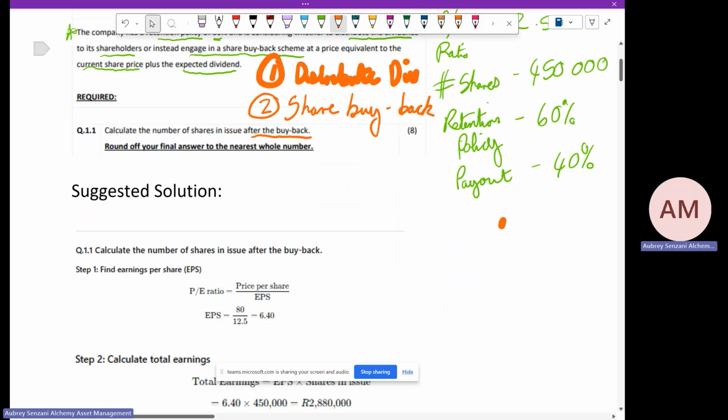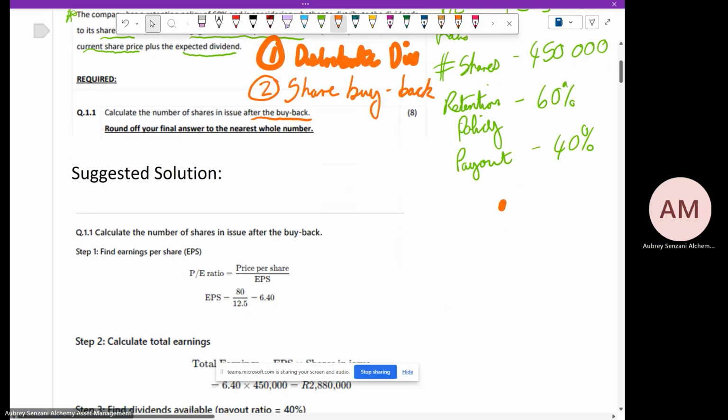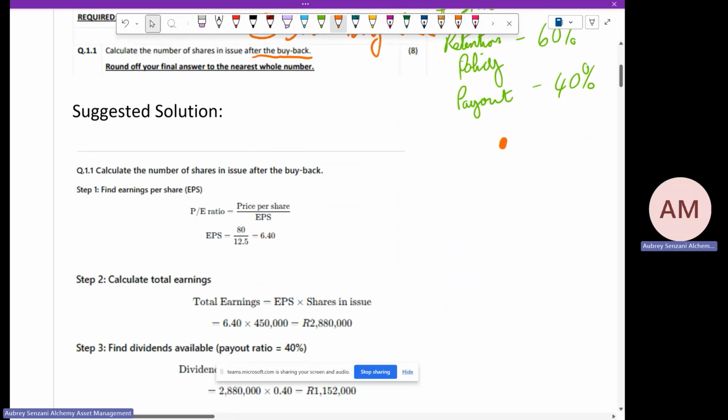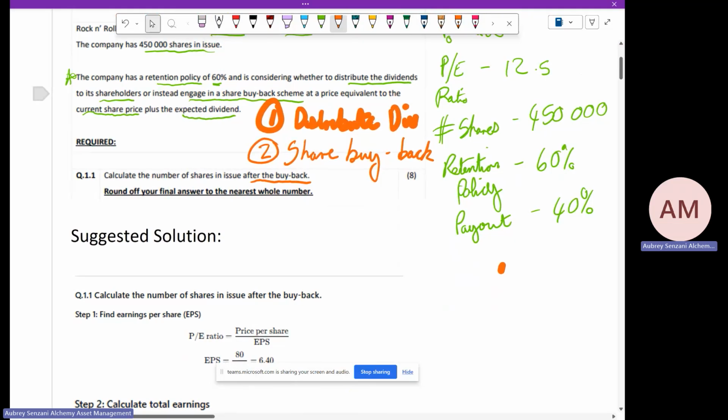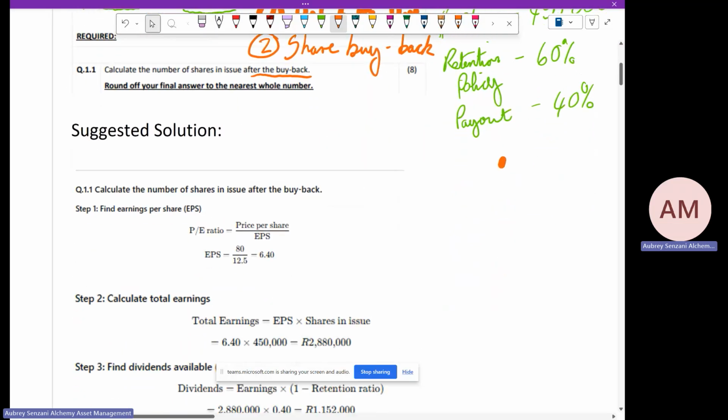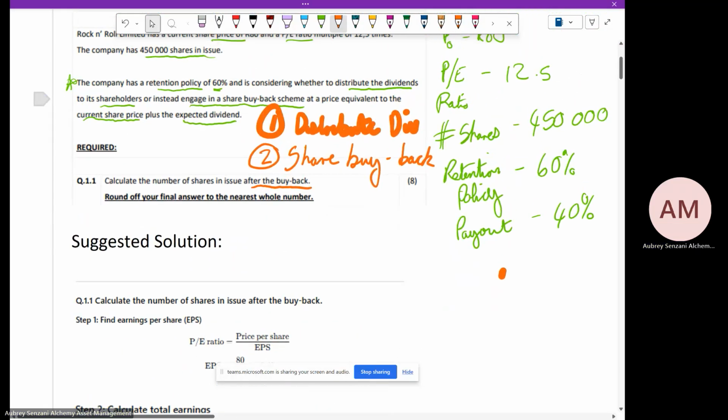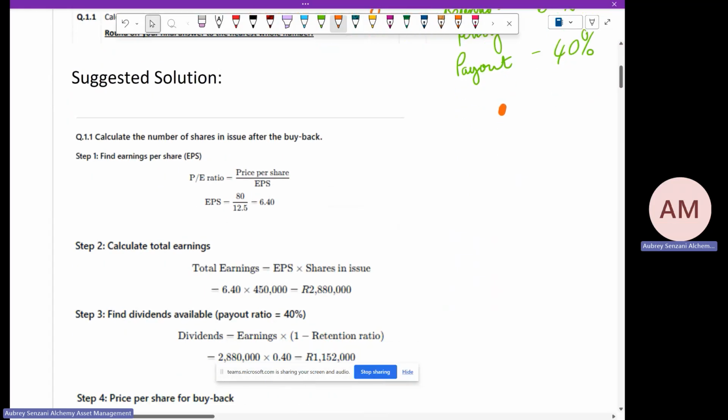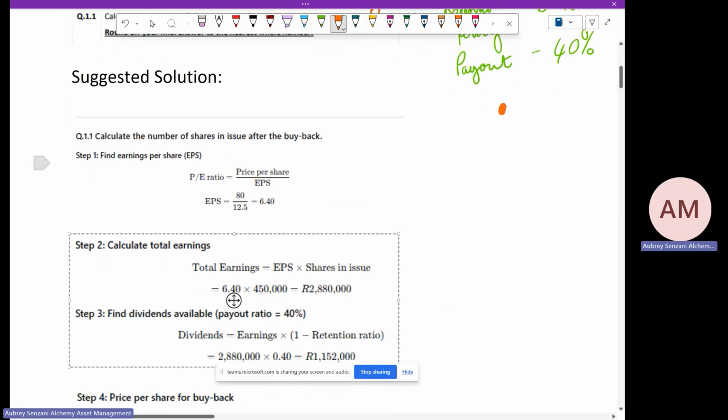Which means we'll now have less shares in issue. So what do we have? We know we have the PE ratio, but we don't have earnings. So you need to manipulate your PE formula. Firstly, you must know it: it is your price divided by your earnings per share.